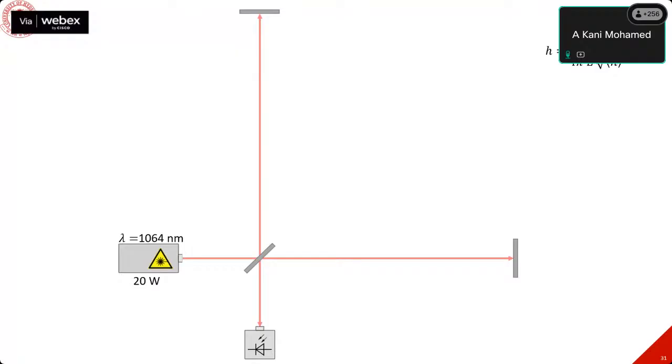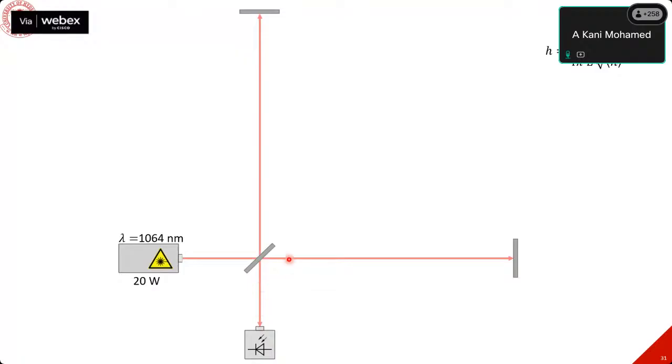So here we use arm lengths of 4 kilometers, and initially they are kept at the same distance. So the light which is coming in this direction has destructive interference, so there won't be any light coming. If there is no gravitational wave, there won't be any light coming in this arm.